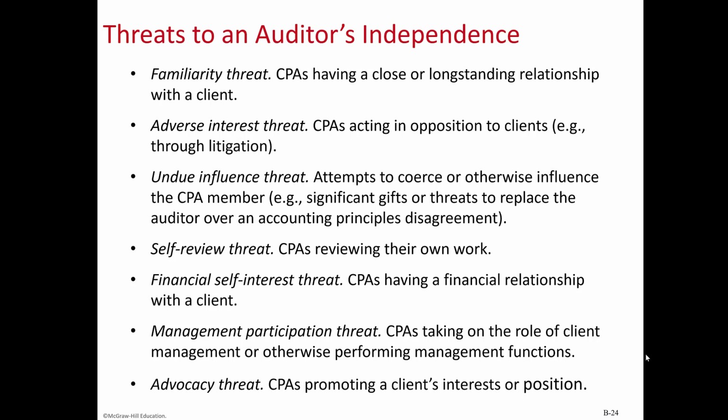We may have a self-review threat, that the CPA is reviewing their own work. We may also have a financial self-interest threat, where CPAs have a financial relationship with the client. A management participation threat exists if the CPA is taking on the role of the client's management. And then we have an advocacy threat, where the CPA is promoting the client's interest or position.